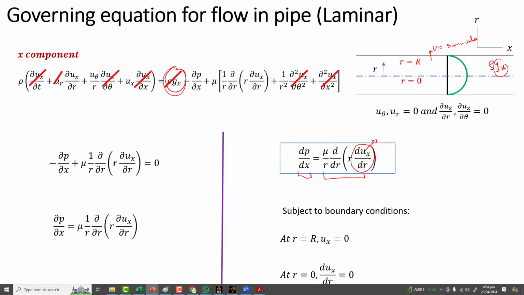In this case, we only have the mu, which is the laminar viscosity. Because it's a laminar viscosity, this shear stress is known as the laminar shear stress.